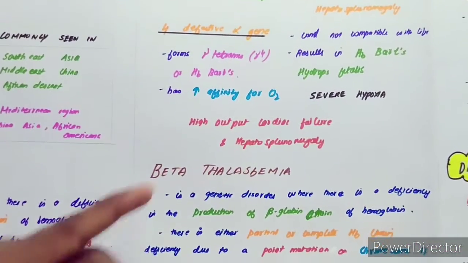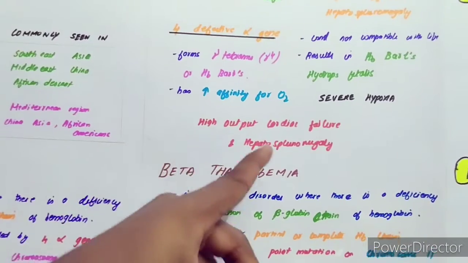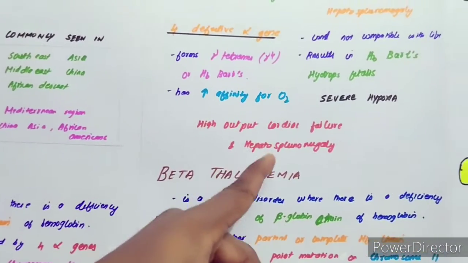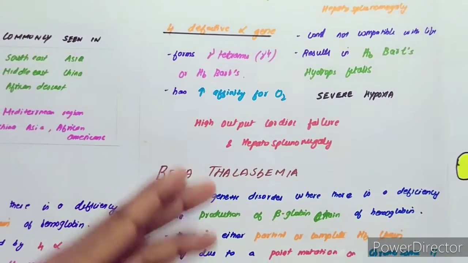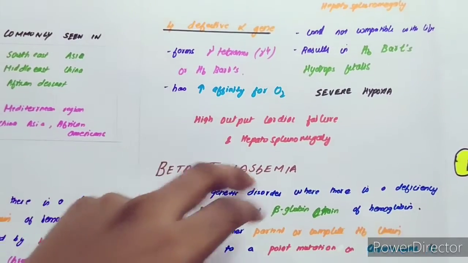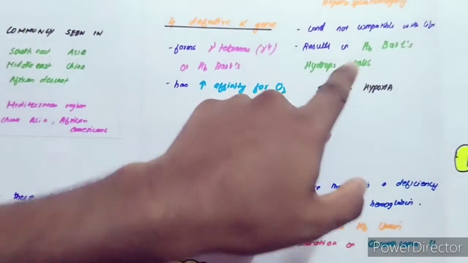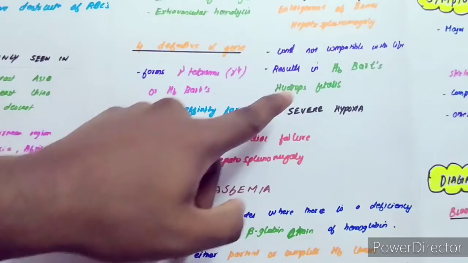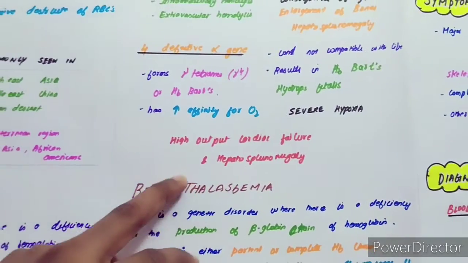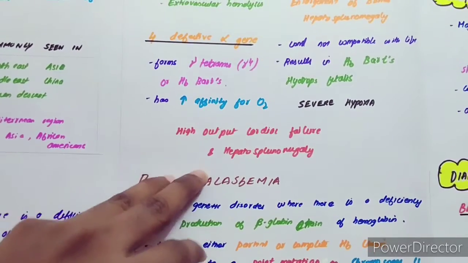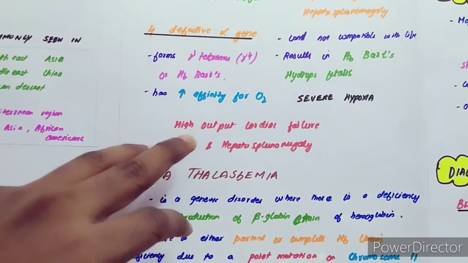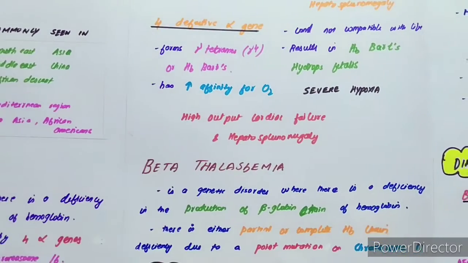Severe hypoxia leads to high output cardiac failure and hepatosplenomegaly, which results in edema and ultimately hydrops fetalis, which is not compatible with life. And if the fetus is not treated, it will die in utero or soon after birth.